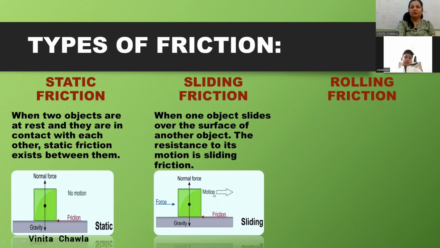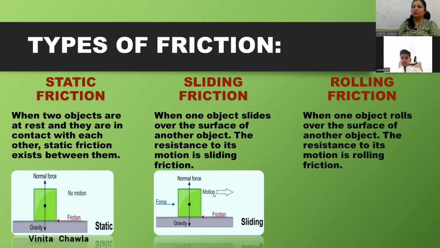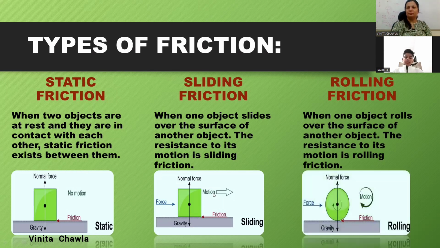Next, we have rolling friction. When one object rolls over the surface of another object, the resistance to its motion is called rolling friction. Now look at this. In this particular case, you can see the area of contact, the area where the two surfaces are touching each other.